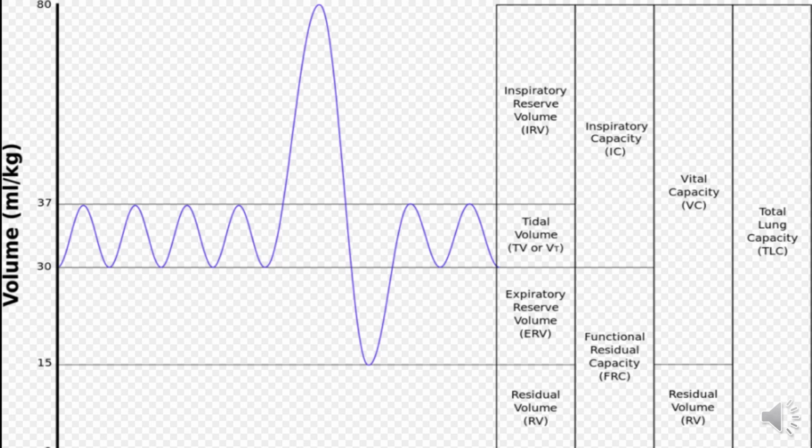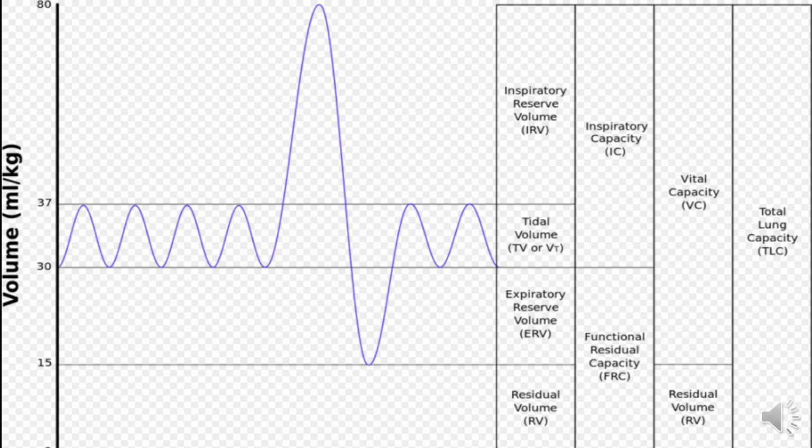Then you measure at 1 second, 2 seconds, 3 seconds. But the FEV 1 second is the important one, so that's why they call it FEV 1 second: forced vital capacity and forced expiratory volume in 1 second.